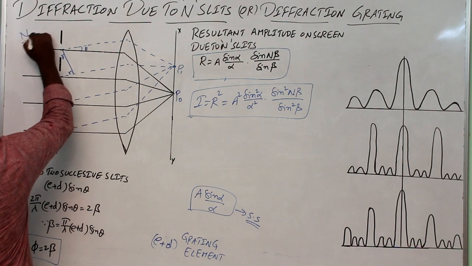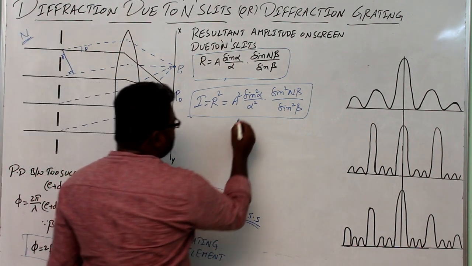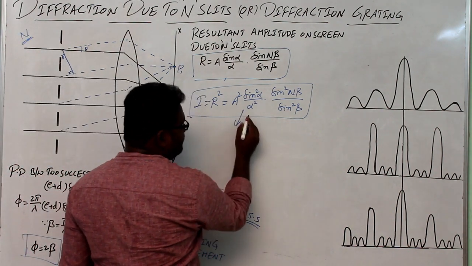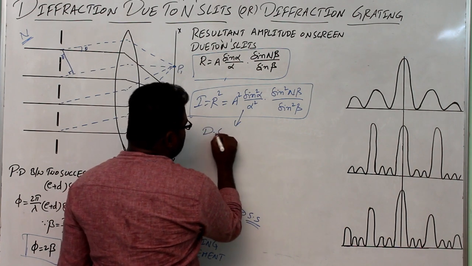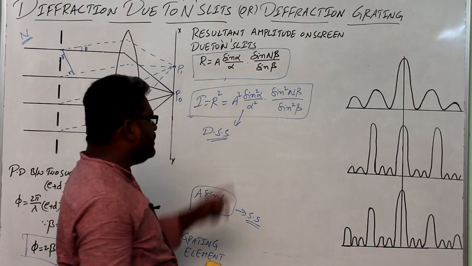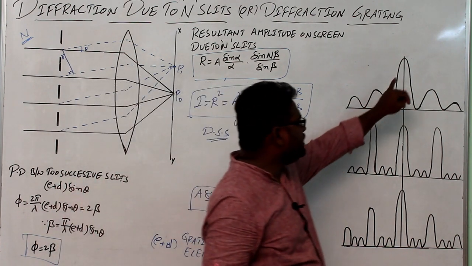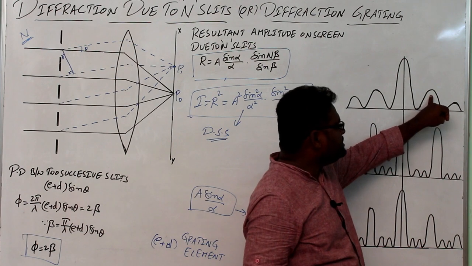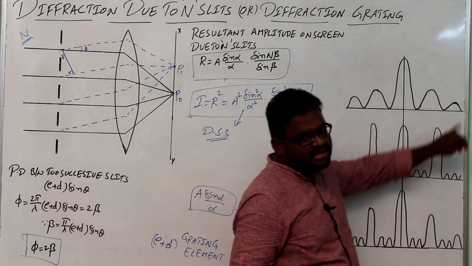Now the first term is diffraction due to single slit, as we already discussed. The diffraction due to single slit graph is this one: principal maxima, minima, first secondary maxima, second secondary maxima.